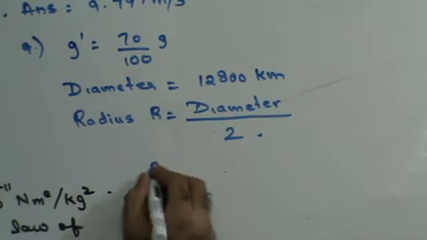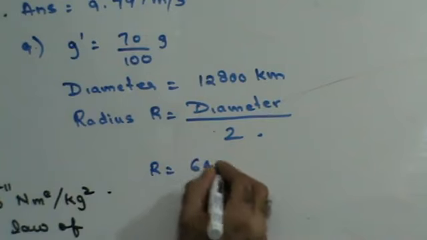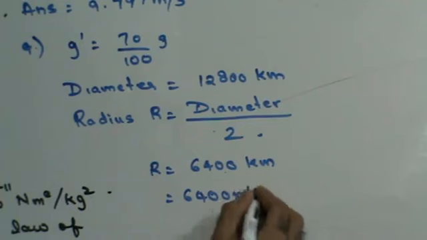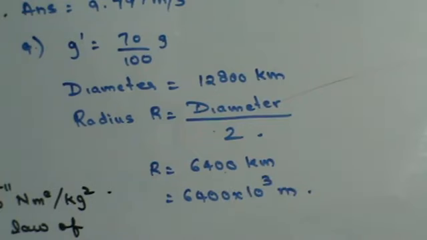Now if diameter is 12,800 kilometers, that means radius will be 6,400 kilometers. That is 6,400 into 10 raised to 3 meters. Now they have asked you to find out at how much depth.